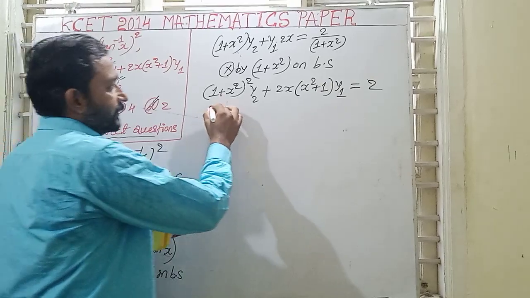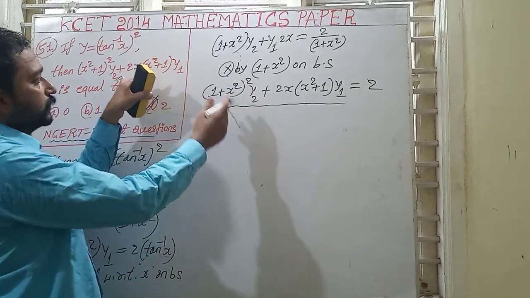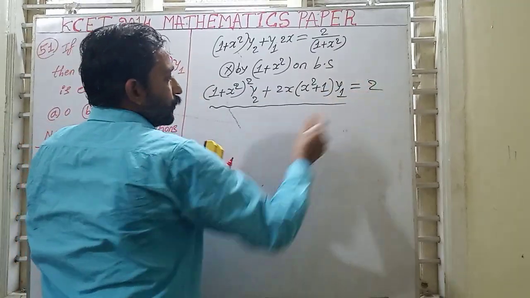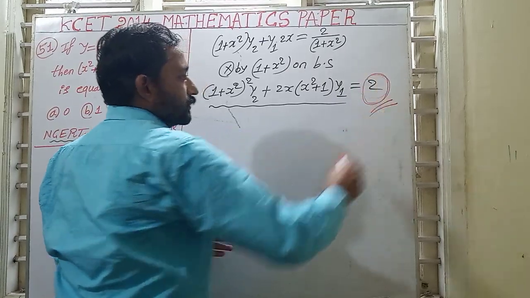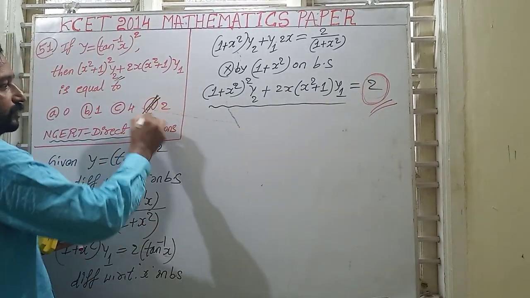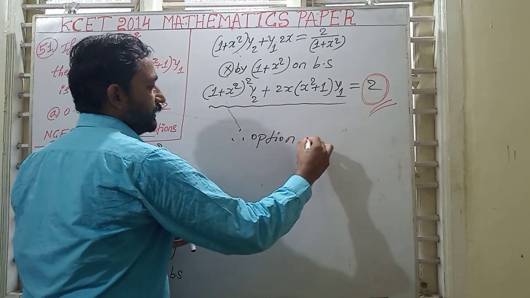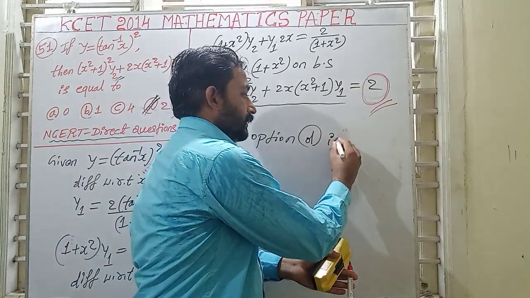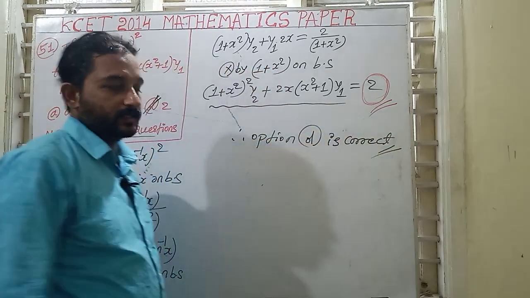So we get the required answer: (1 plus x square) whole square into y2 plus 2x into (x square plus 1) y1 is equal to 2. So the answer is 2, therefore option D is correct. Okay, that's all.